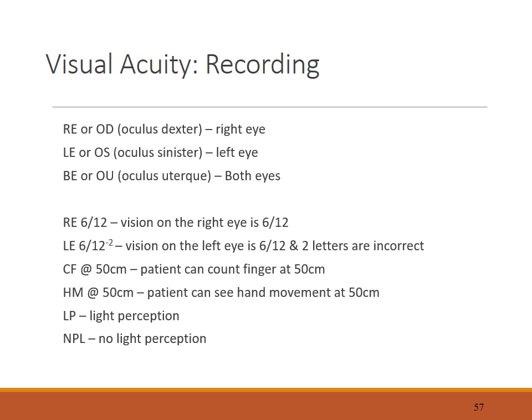If a patient can see the light, that means it's light perception. If a patient cannot see the light, then we write down NPL, which is no light perception. And if we write down pH 6/24, that means the VA with pinhole is 6/24.